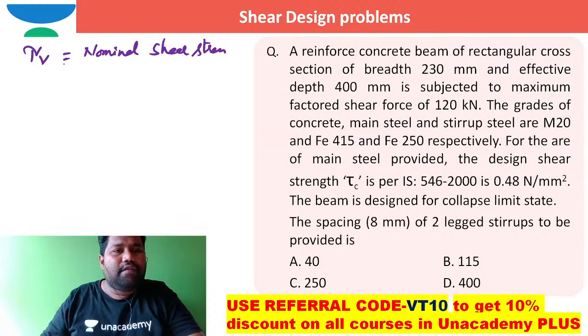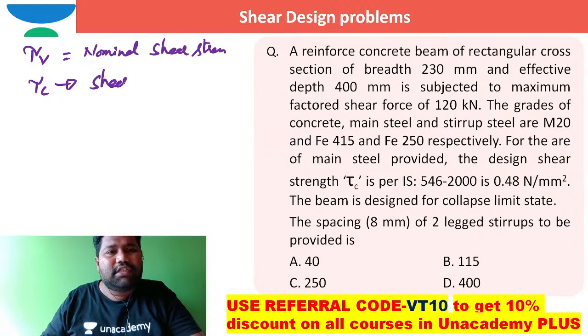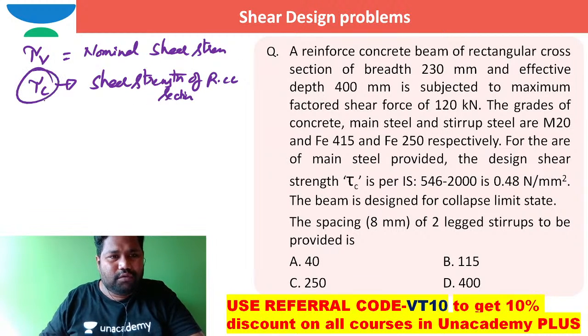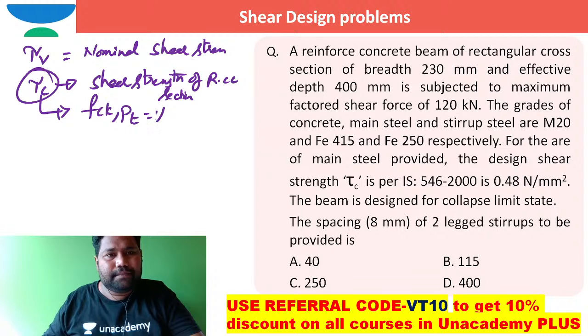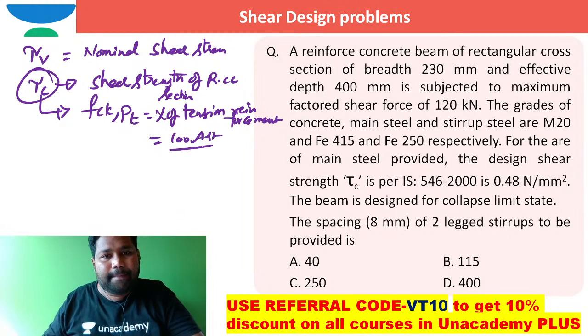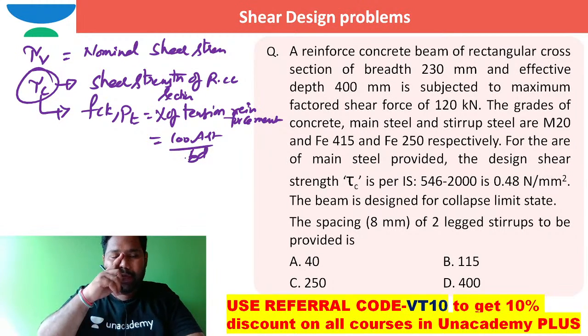Tau v is the nominal shear stress, and tau c stands for the shear strength of the RCC section, which is a function of fck, the grade of concrete, and the percentage of tension reinforcement, which we call 100 Ast by bd. Generally we write it this way.